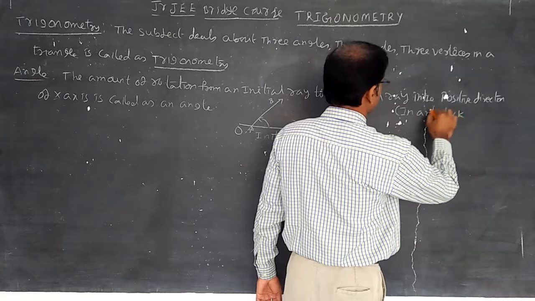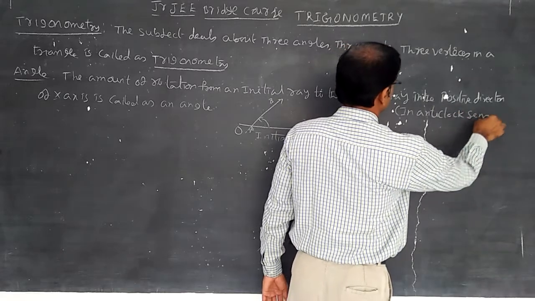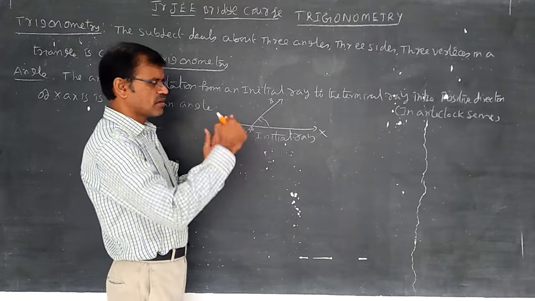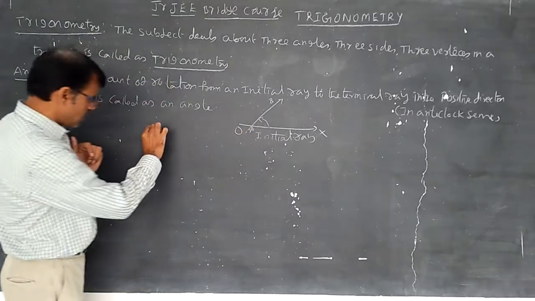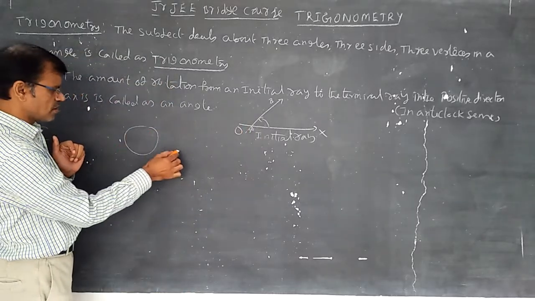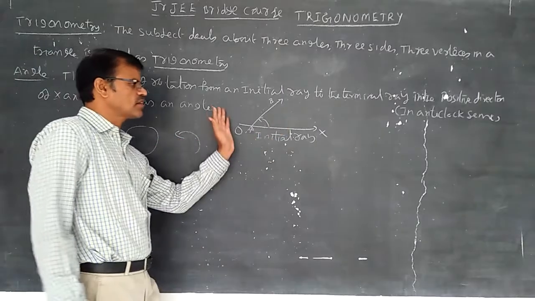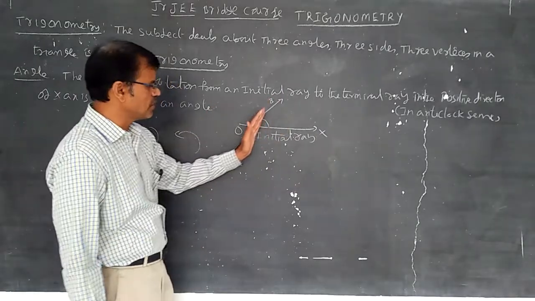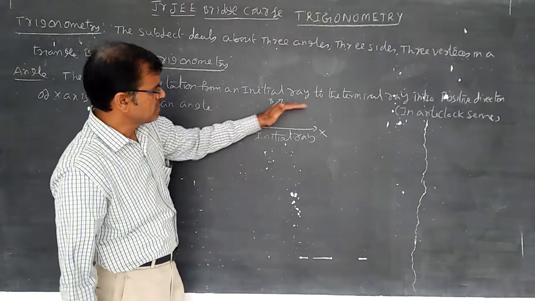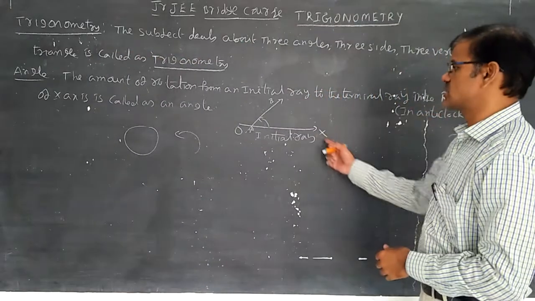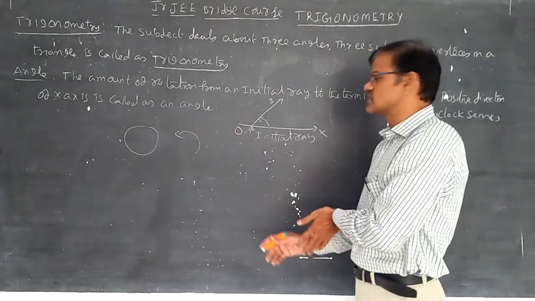Clock rotation will be like this. Anti-clock means opposite, like this. Angle should always be in the anti-clock sense from initial ray to terminal ray. Such an amount is called an angle.